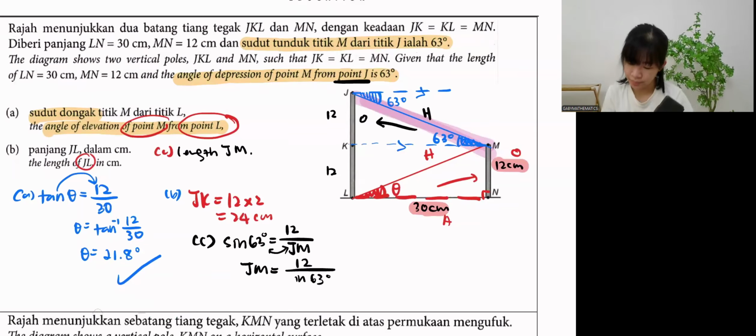But Pythagoras theorem, 30 square plus 12 square, 32.31. Pythagoras theorem, you will get 32. Sine 63, 12 divided. Okay, maybe the number that given a bit weird.